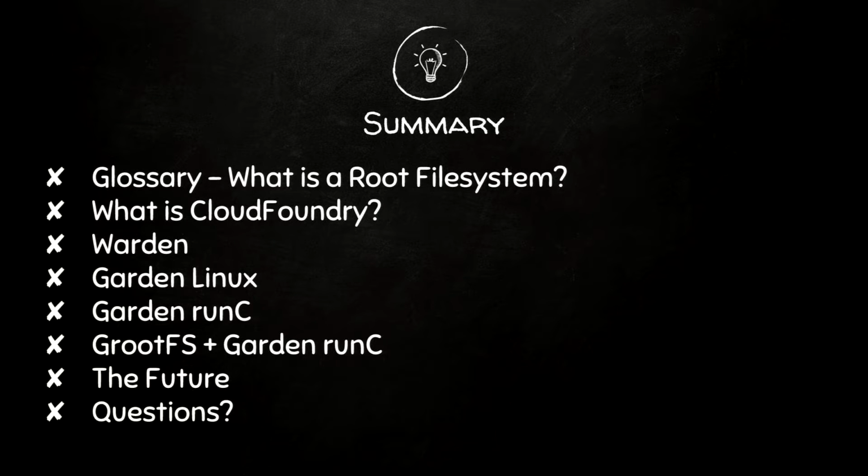So here is a quick summary of what we're going to talk to you about. First, we're going to go through a quick glossary of terms for those who have less familiarity with Linux file systems. Next, we will give a quick overview of Cloud Foundry for those who haven't heard too much about it, describing specifically the application runtime components. So we will describe the bits which actually run your app in the cloud and what CF needs to accomplish to do that successfully, CF being shorthand for Cloud Foundry.